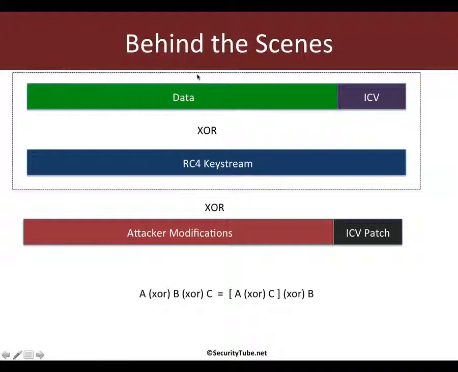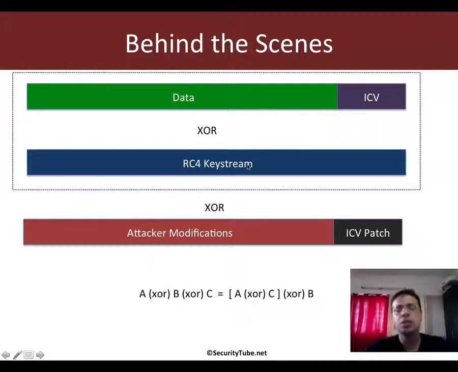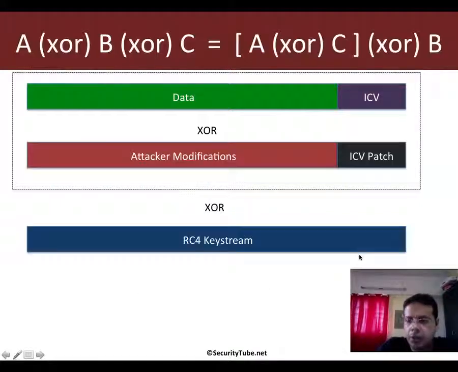So basically, instead of visualizing this as plain text data XORed with the RC4 keystream, which in turn is XORed with our attacker modification and the ICV patch, we can visualize this as the original plain text data and ICV getting XORed with the bit mask we have created to modify that data, along with a patch which will ensure that the new ICV which comes out is exactly correct for this modification, which happened by doing a XOR between the plain text data and the attacker modifications, right?